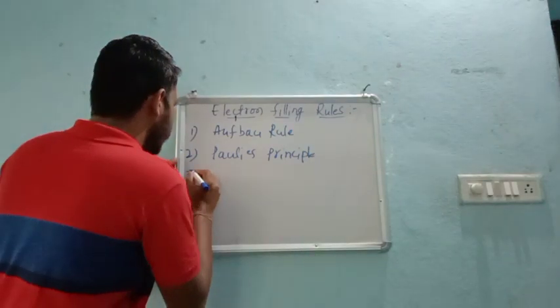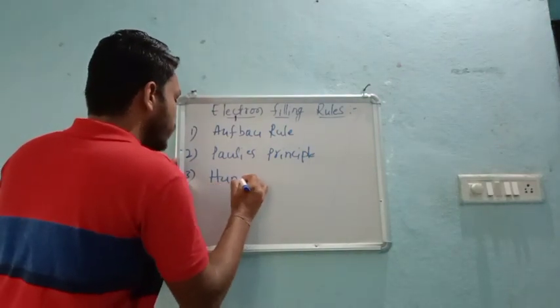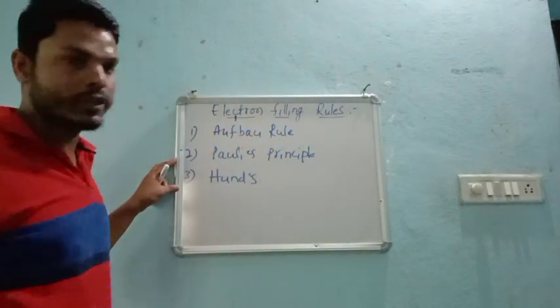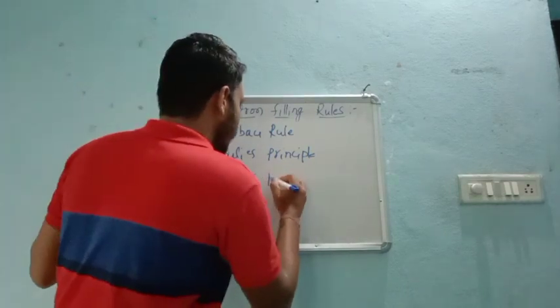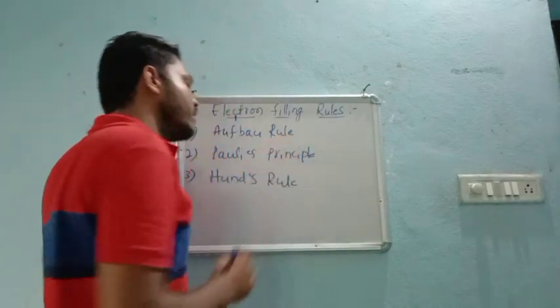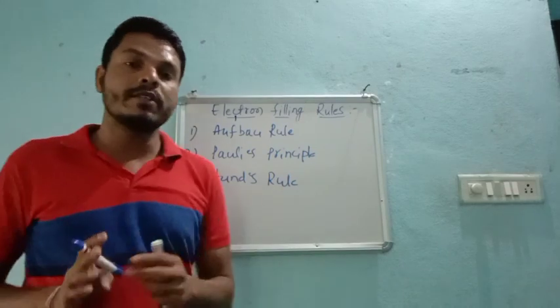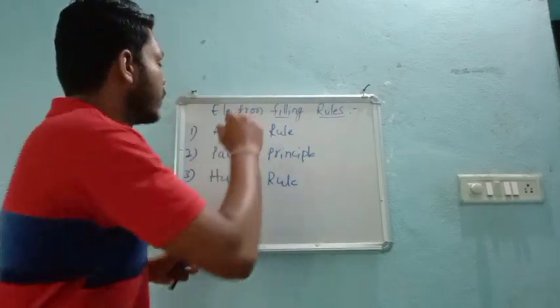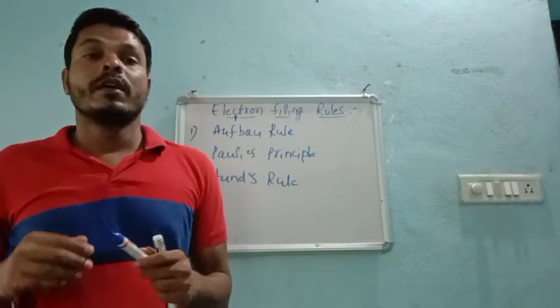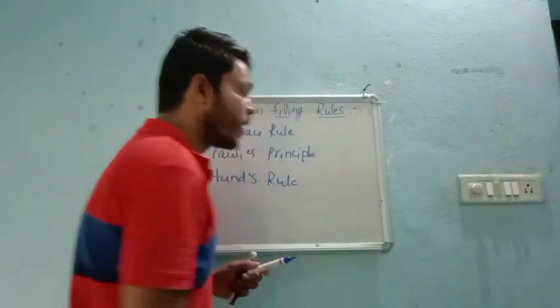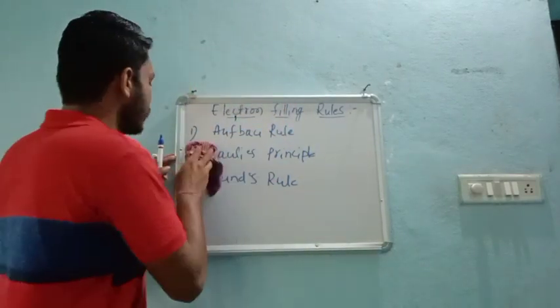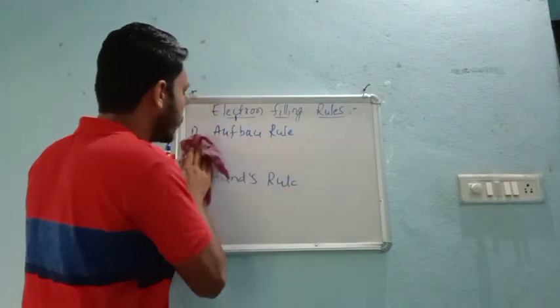And the third is Hund's rule, it depends on your pronunciation. Hund's rule, right? So these are the three rules. With the help of these three rules, we can fill the electrons into the different energy levels. So first we will see what the Aufbau rule says.